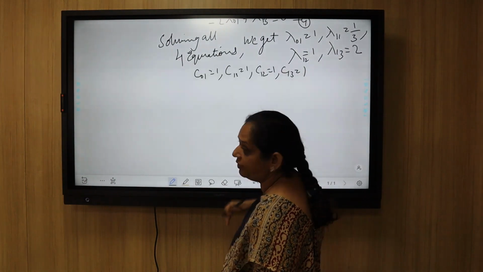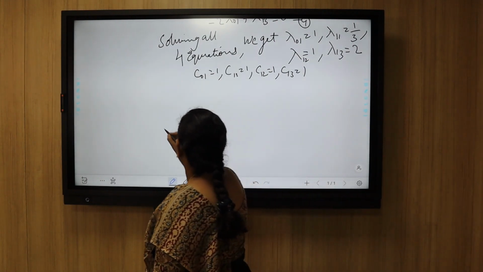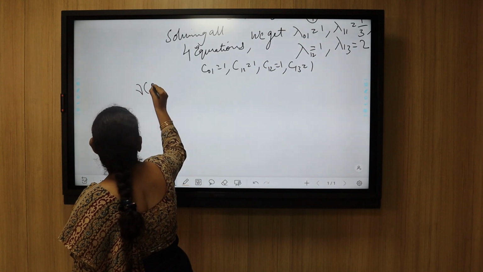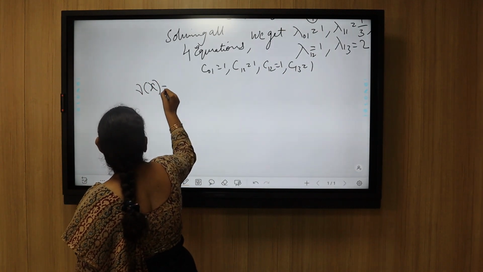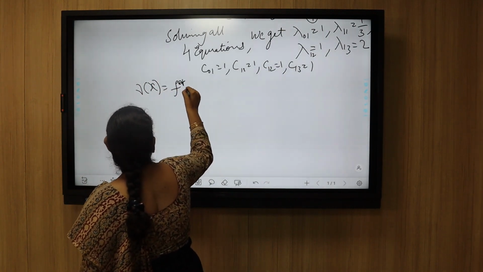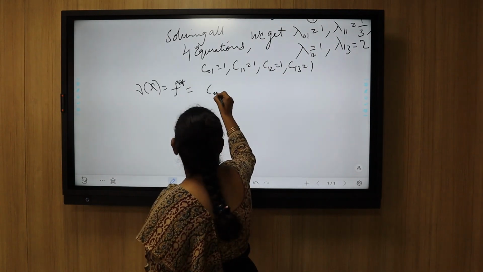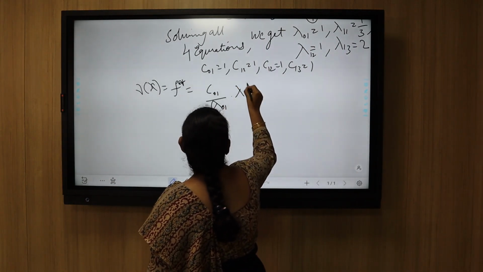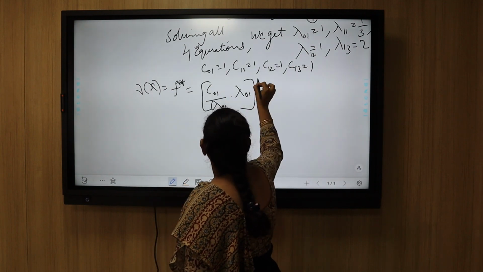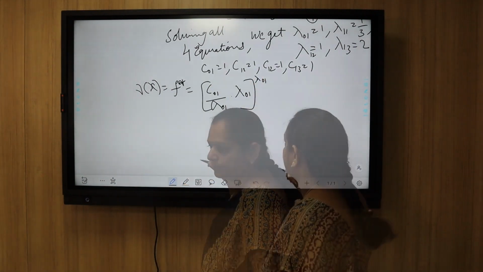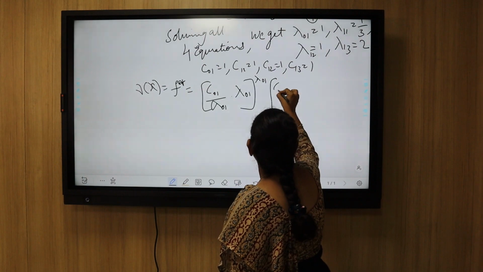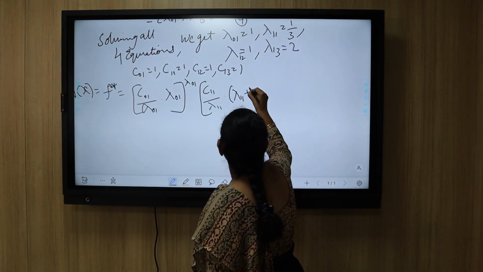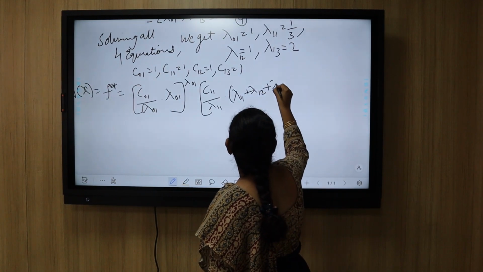So now find the function f star equal to C01 by lambda 01 into lambda 01 whole to the power of lambda 01. Then same way for the next one, C11 by lambda 11 plus lambda 12 plus lambda 13.